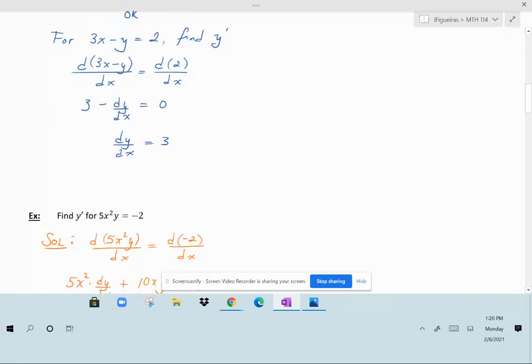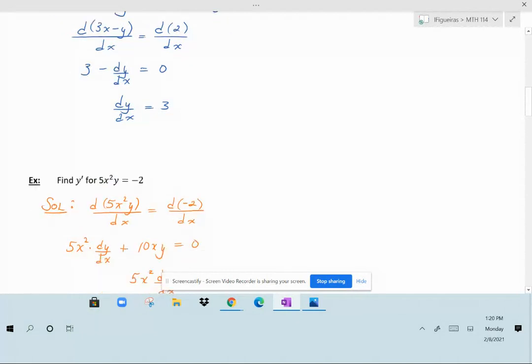So here's another example. This is implicitly stated. I have 5x squared y equals negative 2. If I apply implicit differentiation to this problem, I'm taking the derivative of 5x squared y with respect to x and the derivative of negative 2 with respect to x.